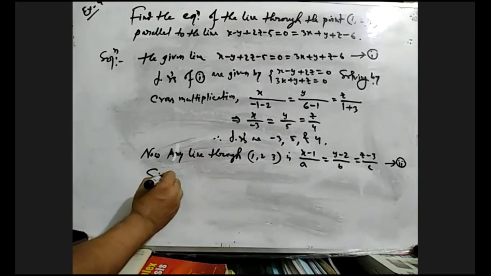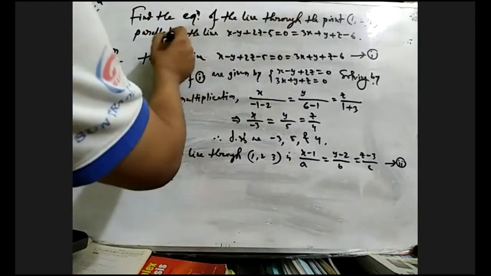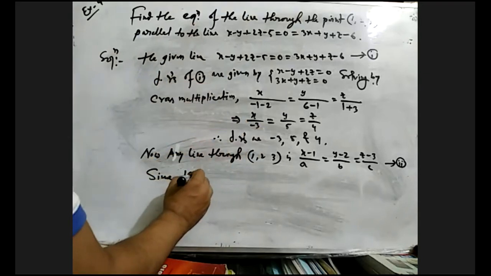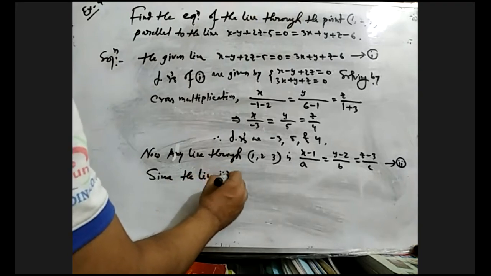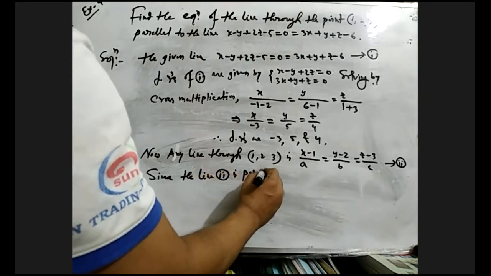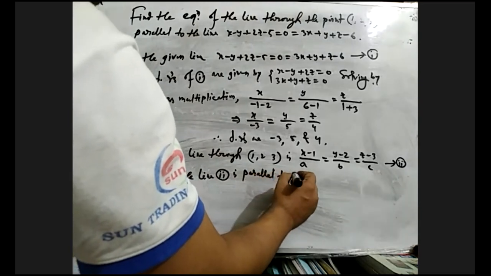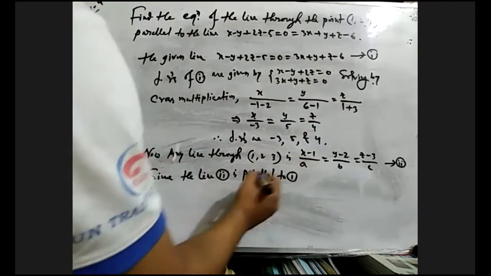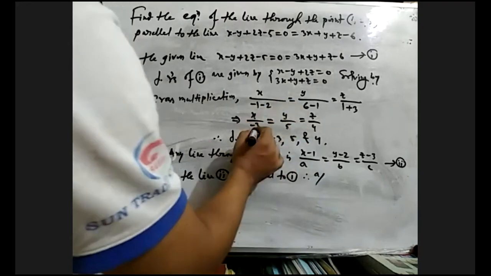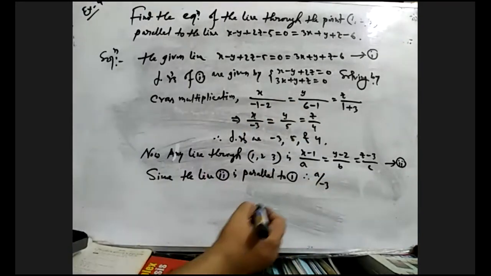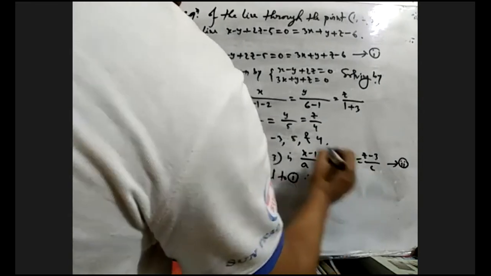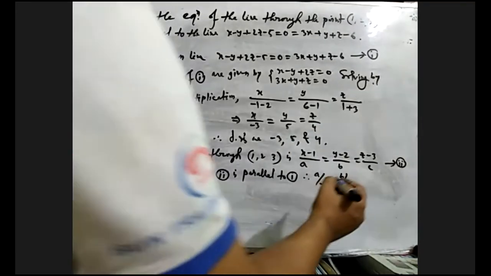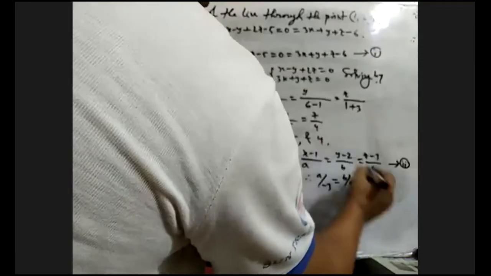Since from our given condition, line 2 is parallel to line 1, therefore the direction ratios: A divided by minus 3, B divided by 5, and C divided by 4.